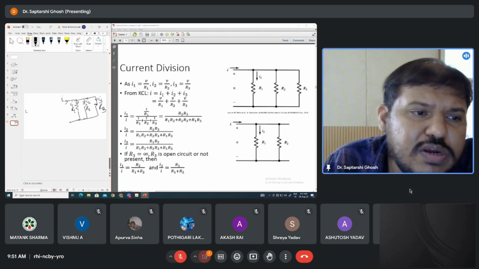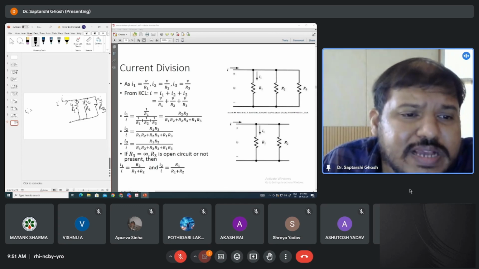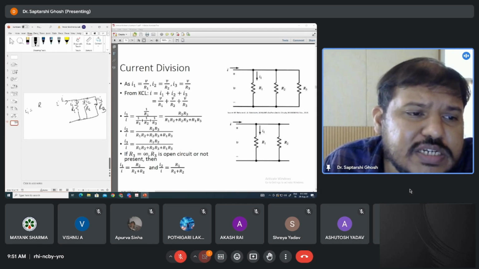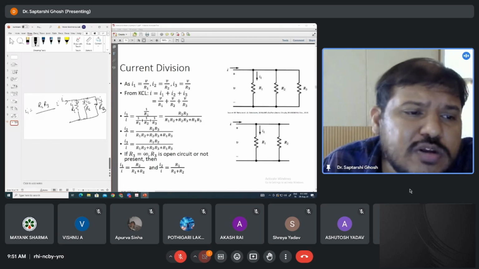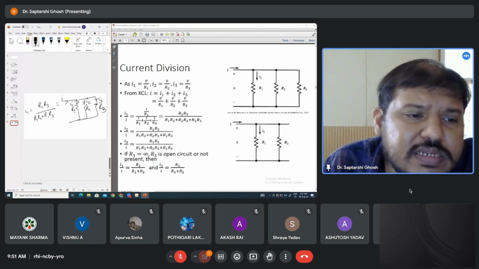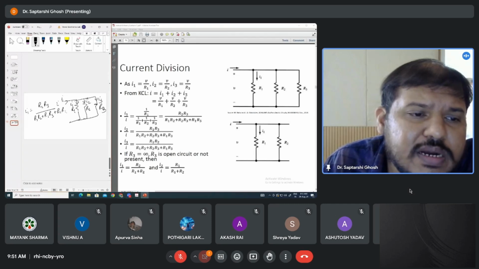So I1 will be some fraction of I. But what fraction? Except R1, there are two other resistances. So you have to take the multiplication of the other two resistances, R2 R3, divided by all possible combinations: R1 multiplied by R2, R1 multiplied by R3, plus R2 multiplied by R3.